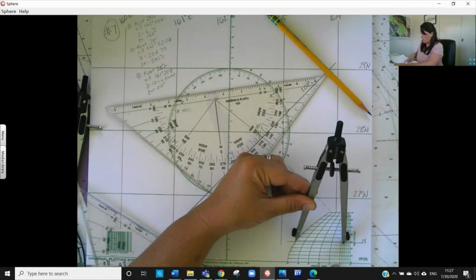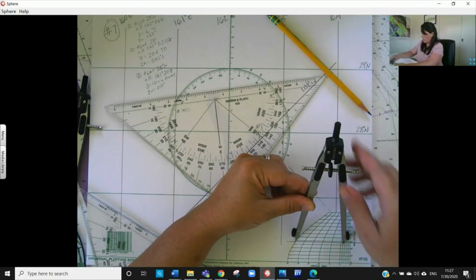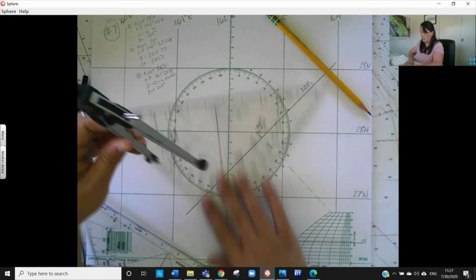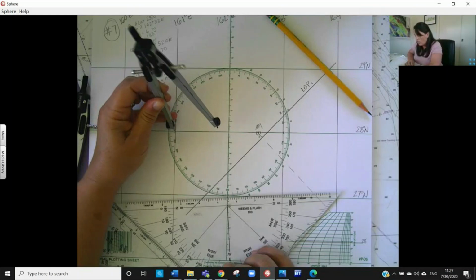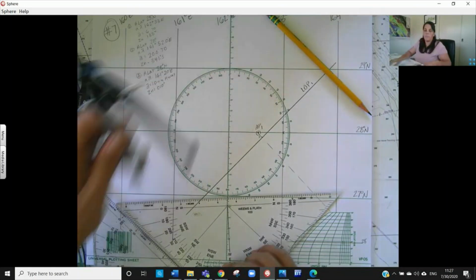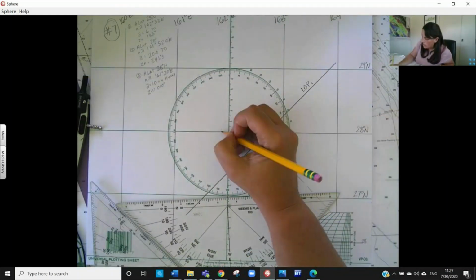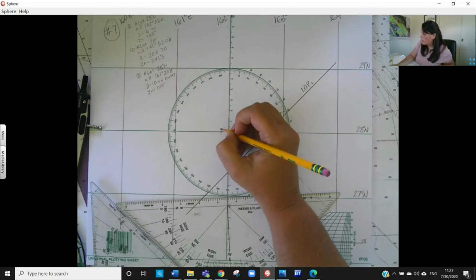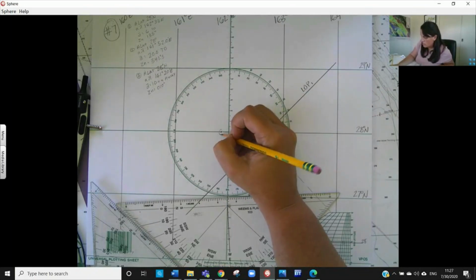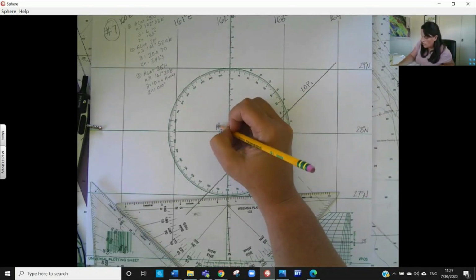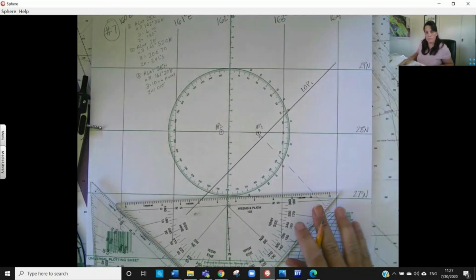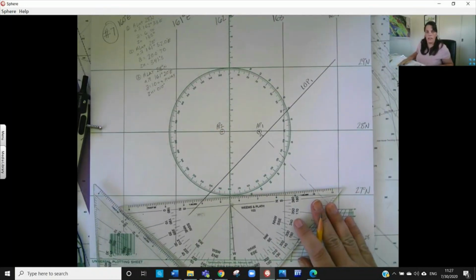So 0, 2, 4, 6, 8, 10. So that would be 52. So here is my assumed position for number 2. My azimuth for number 2 is 340.